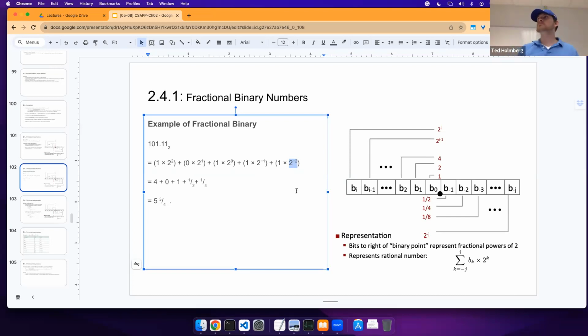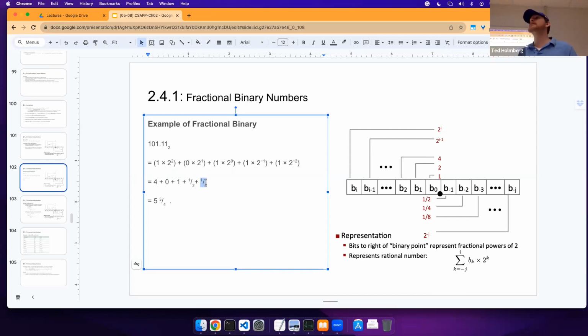And so if I then resolve these exponents and resolve these products, I could see that's going to be the same as saying 4 plus 0 plus 1 plus 1/2 plus 1/4. So doing the non-fractional components, we're going to express this as a mixed fraction, which means we'll have some integer value and some fractional value.